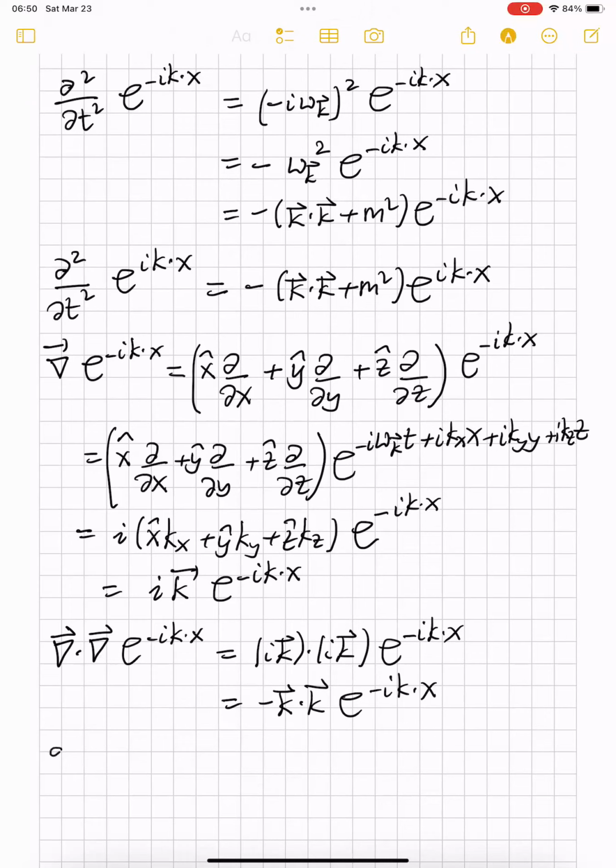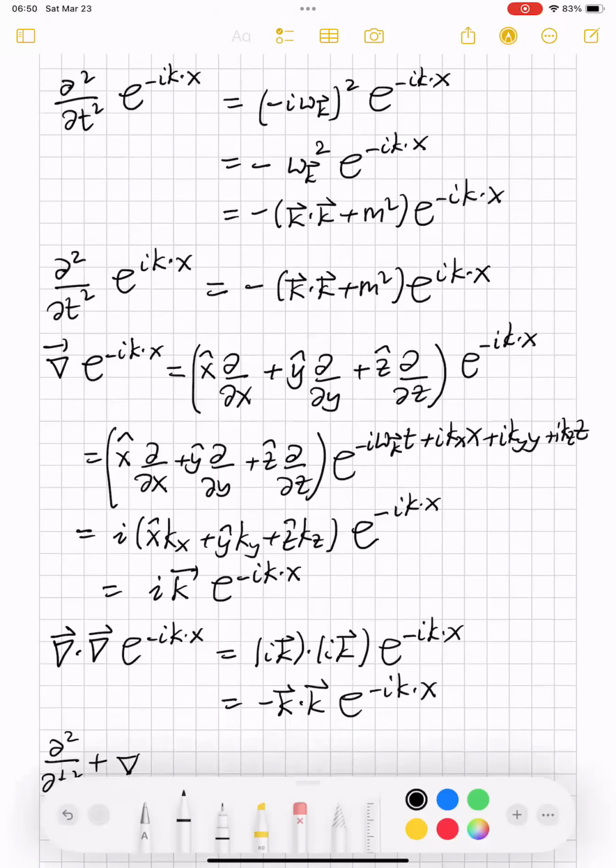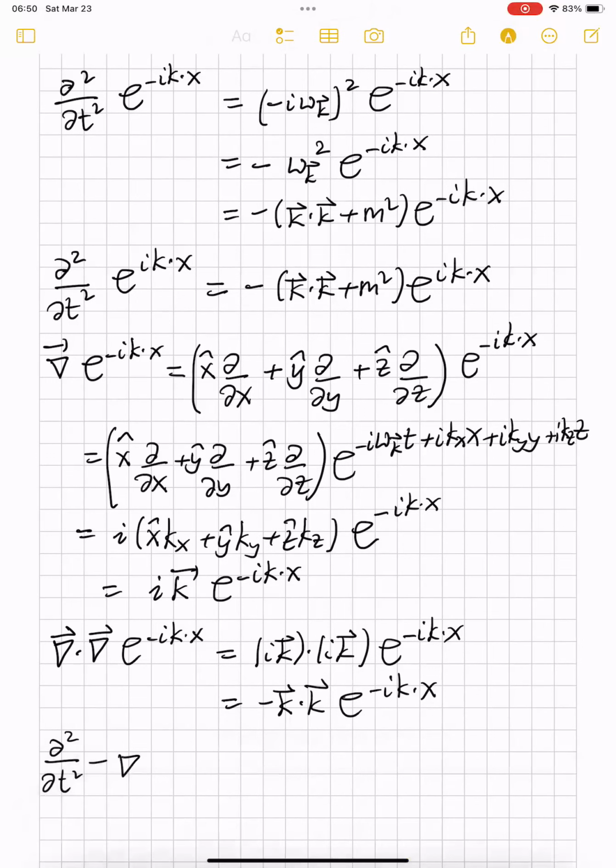So if we were to take d2, dt2 minus the Laplacian acting onto e to the minus ik dot x. Well, you know what the second derivative with respect to t is? We just calculated it. You know what the Laplacian is? We just calculated it.